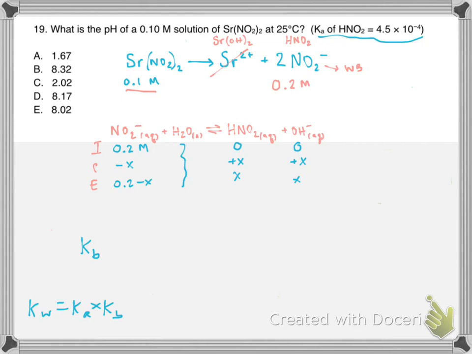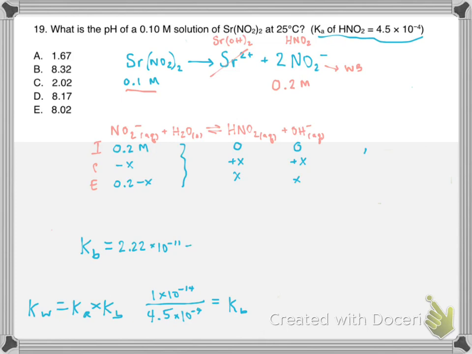We're at 25 degrees Celsius, so we can say 1 times 10 to the negative 14 for Kw, divided by Ka, which is 4.5 times 10 to the negative 4th, is equal to Kb. And when we solve that, we find that Kb is equal to 2.22 times 10 to the negative 11th.